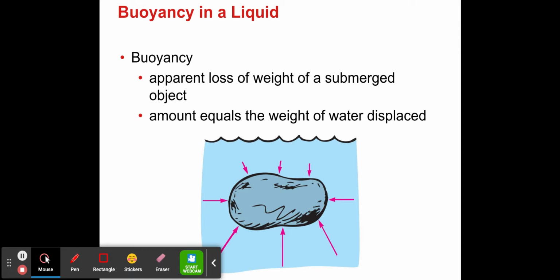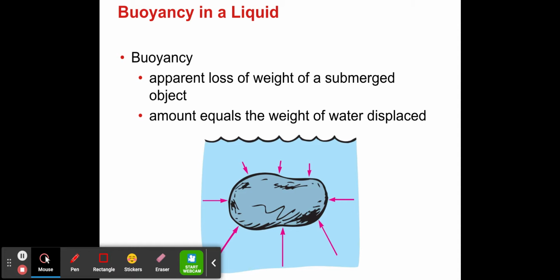Buoyancy in a liquid. What is buoyancy? You see, sometimes when you're swimming in a pool, I don't know if you've ever experienced that you feel like you're light. When you're in a pool, you feel like your weight is kind of less than your normal weight when you're outside the pool.